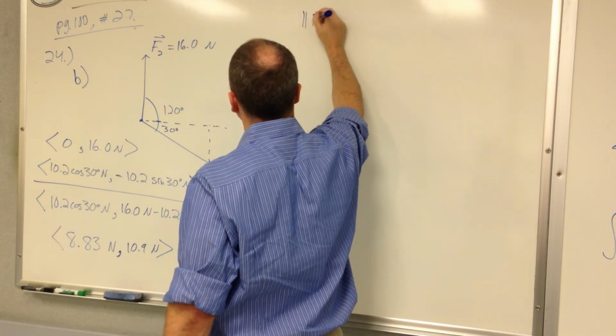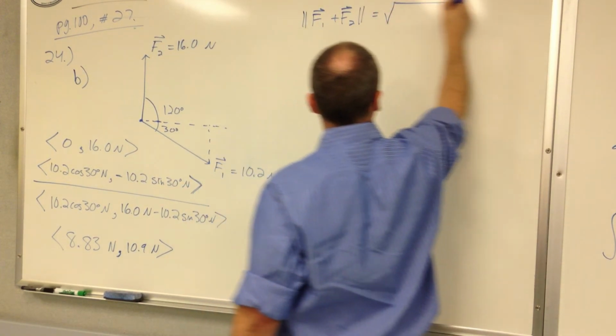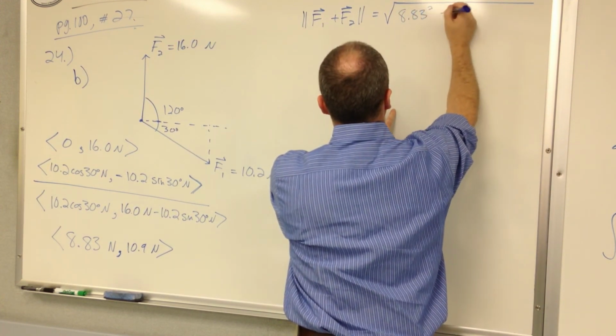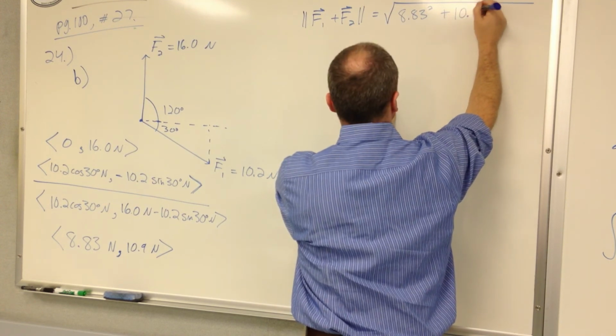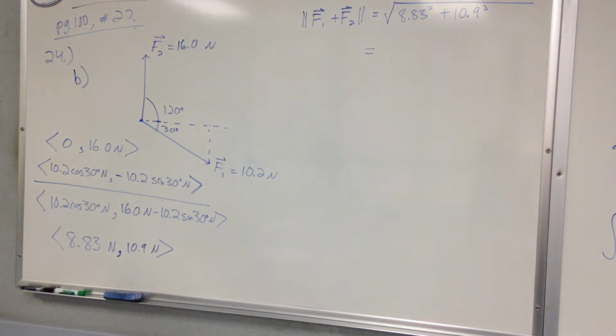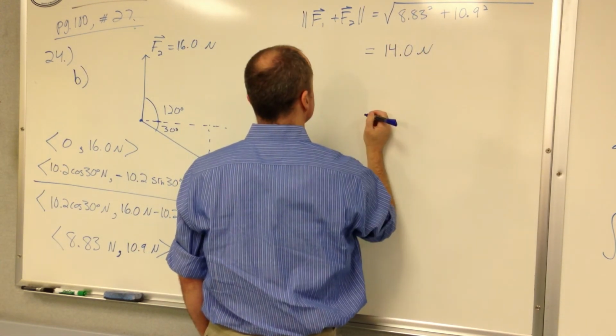The magnitude of both forces is the square root, Pythagorean theorem, like Jake said a minute ago, of 8.83 squared plus 10.9 squared. 14, something, somewhere in that vicinity. What are we getting here? Come on, Vishal, I want your emulator to win. 14.02. What do you get? 14.02. 14.0 newtons, we'll say.